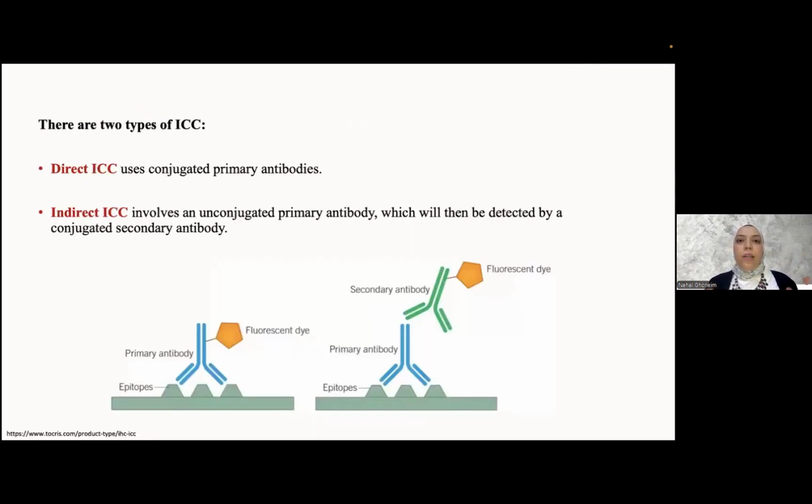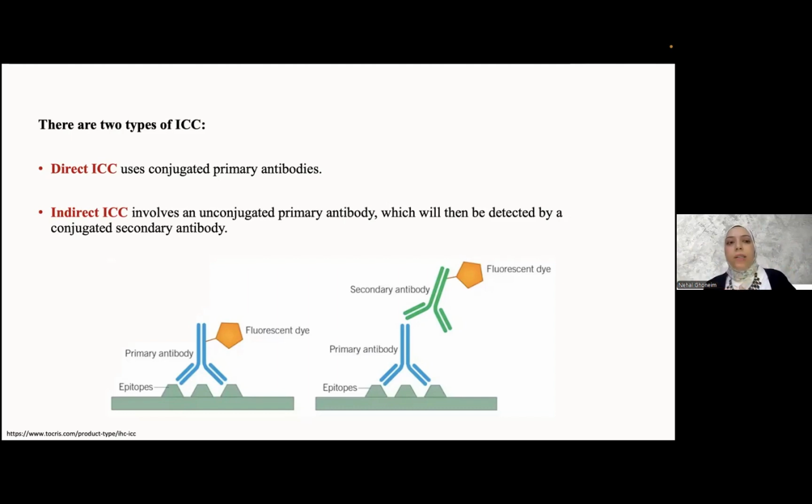Okay, so how is this information helpful? Because there are two different techniques: direct or indirect immunocytochemistry. The direct one uses the conjugated antibody, which is the primary antibody conjugated to our fluorescent dye, as in the left side of the image, that binds directly to the epitope of the antigen or the protein of interest.